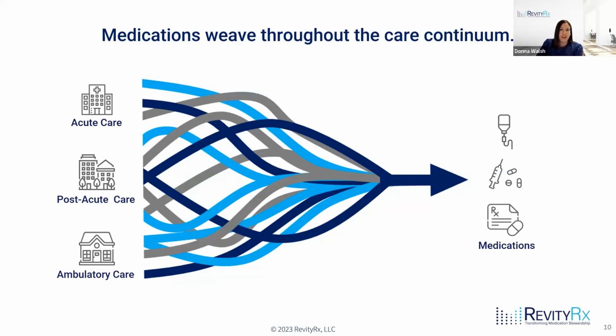And while the provider may decide to treat with the medication, it is really all of the clinical processes upstream. Upstream might mean prior to a patient receiving that actual medication product, or it could even be a process that might influence the decision to treat the patient with a certain medication.